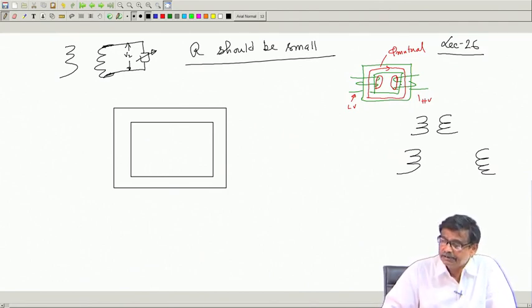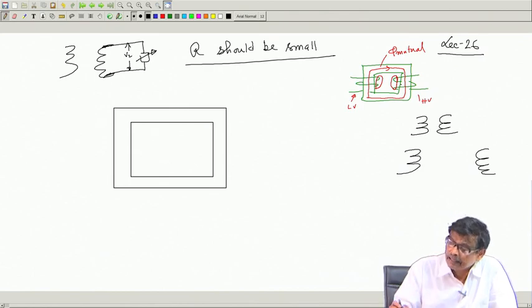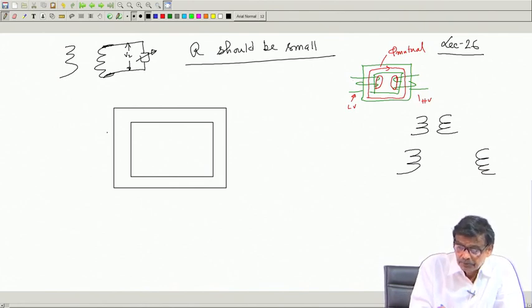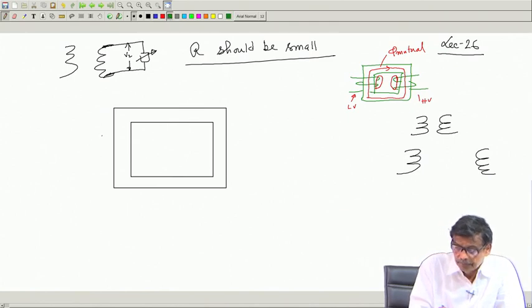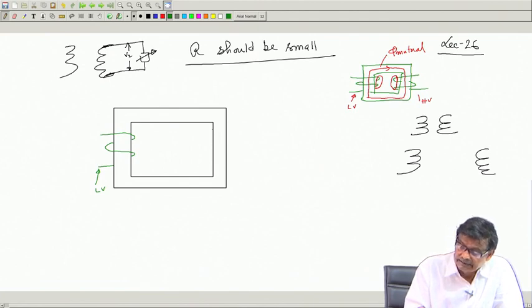What I mean by this is, whatever is the total number of turns of the LV winding you arrive at, take half of the turns here, only LV I am drawing, this is suppose LV winding, and this also I call LV.